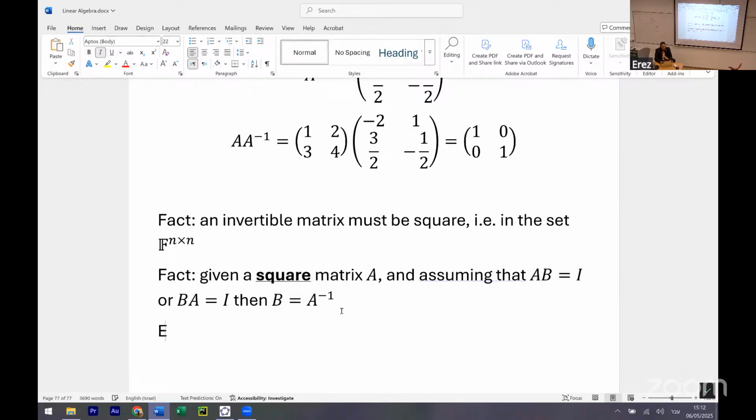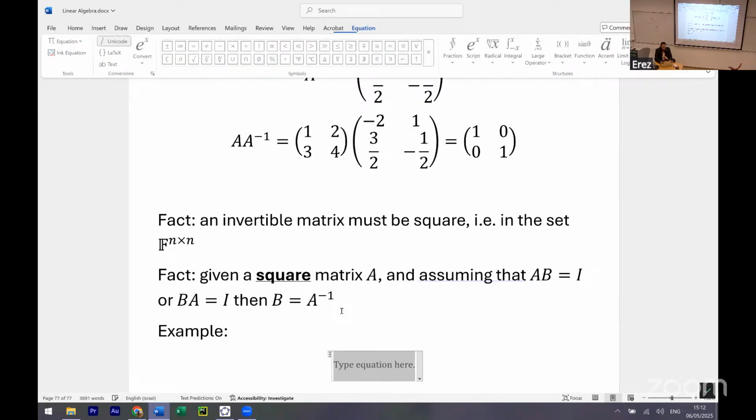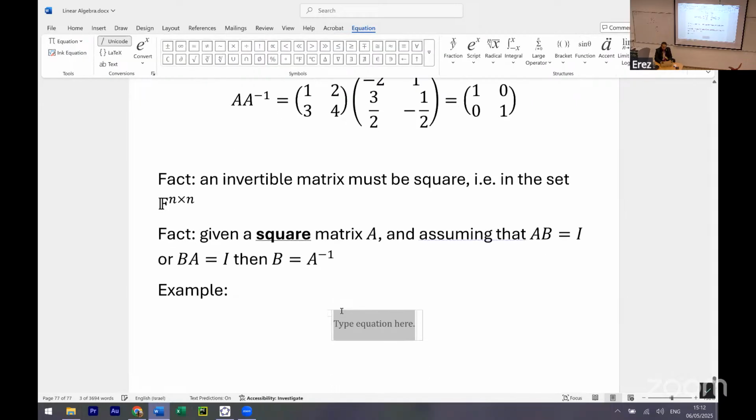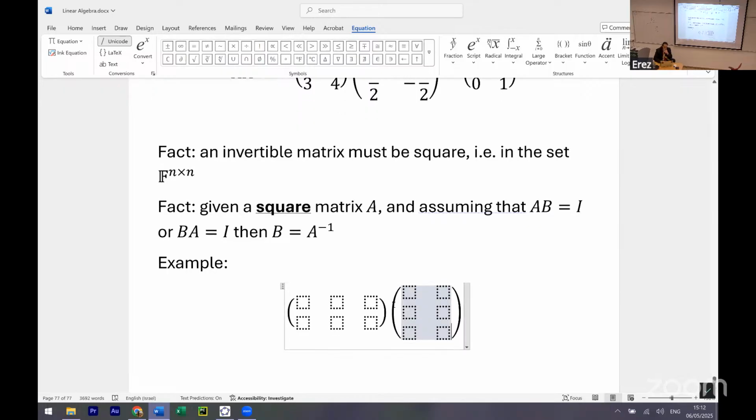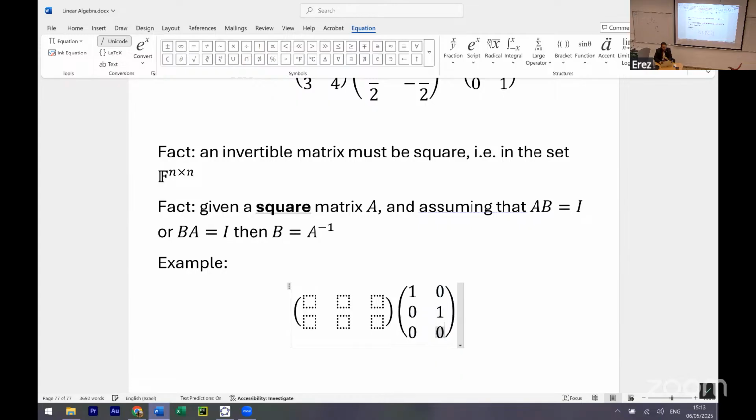And look at the following example to see what I mean. Example, multiply 1, 2, 3, 5, 6, and 1, 2, 3. Okay. And this matrix will be 1, 0, 0, 1, 0, 0.